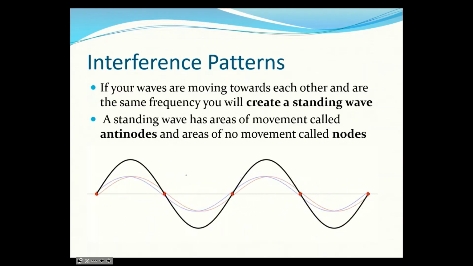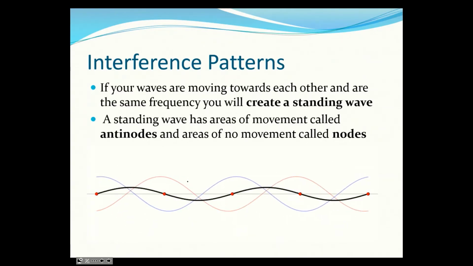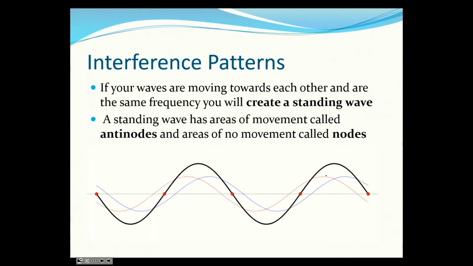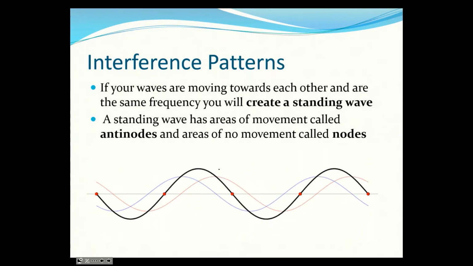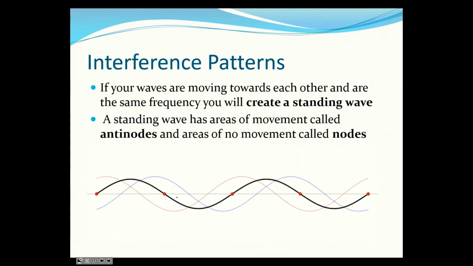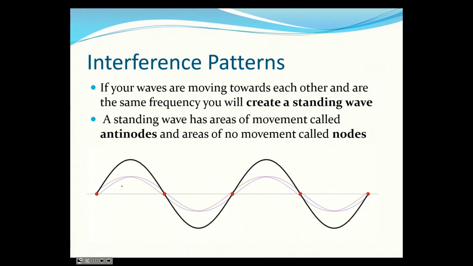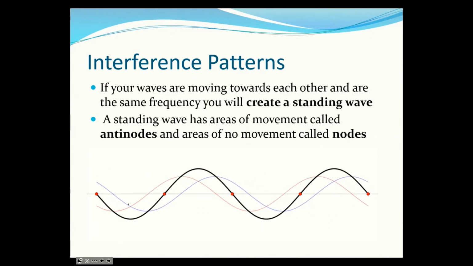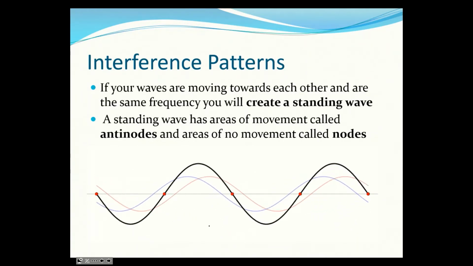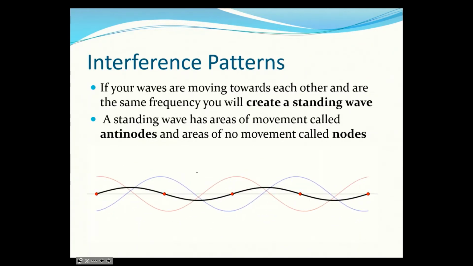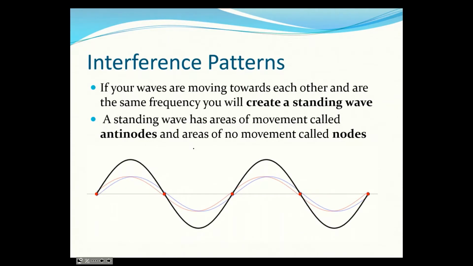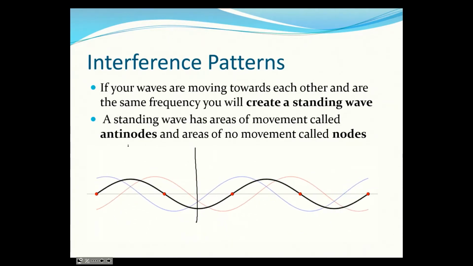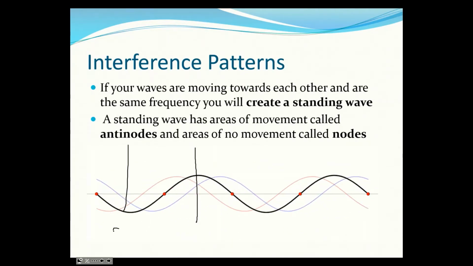These waves are traveling towards each other, and this black line shows what the interference pattern is from the wave. And because they're always changing, this interference pattern also changes. So we get this area where it moves quite a bit, and an area where it moves quite a bit. These areas right here and here are called antinodes.